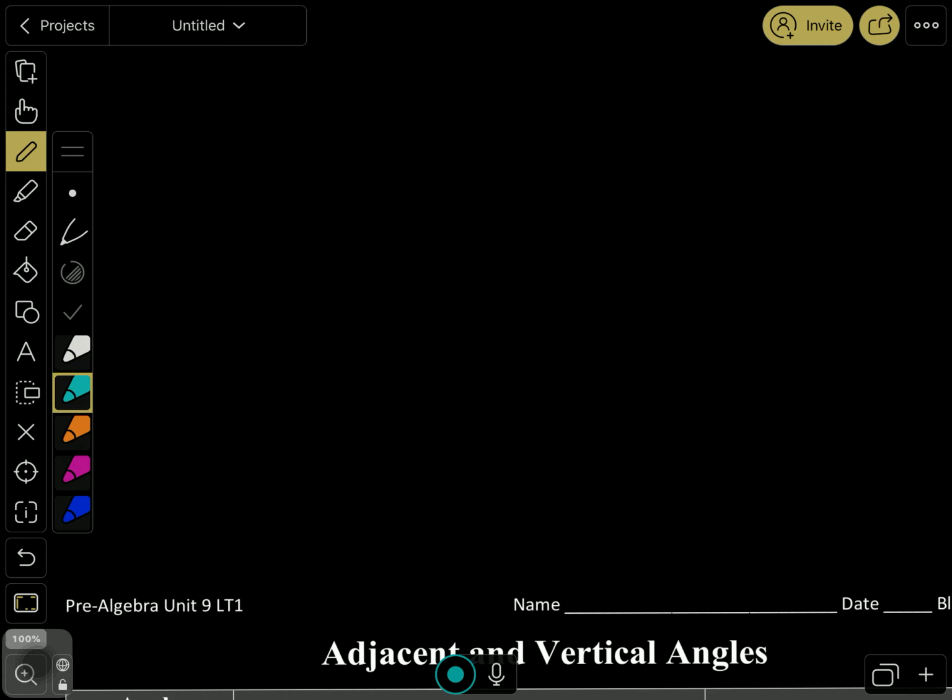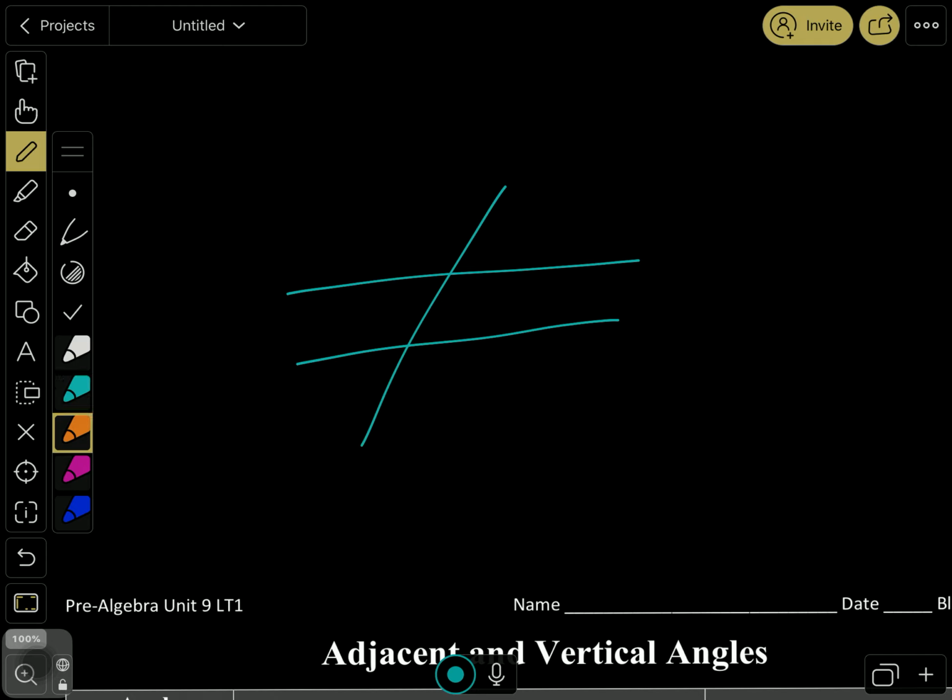You will be seeing a diagram over and over again that looks very similar to a does not equal sign. In this diagram, we have two lines that are parallel to one another, and we have a third line that intersects both of these lines. And we're going to find out later that this line is what we call a transversal.